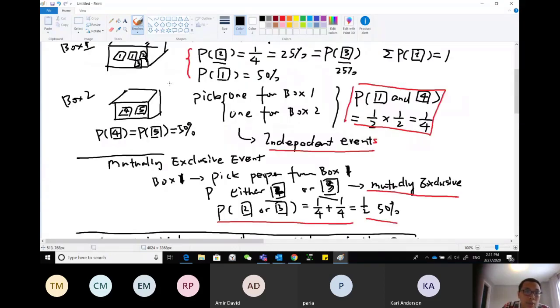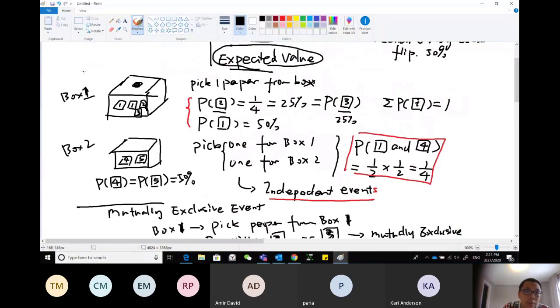So let's just use the same example here for box 1. So let's say for box 1, instead of picking one paper just once, we pick a huge number of times, right? So every single time when we pick a paper, we'll record the value of that paper, and then we put the paper back. So let's say the first time we pick one paper, we get the value 2, right? And then we put the paper back.